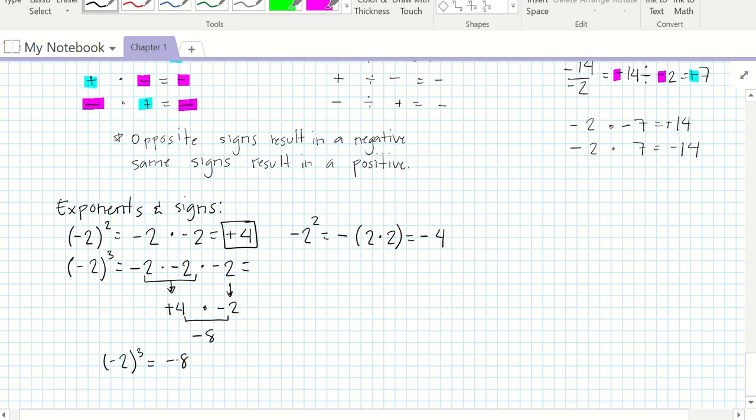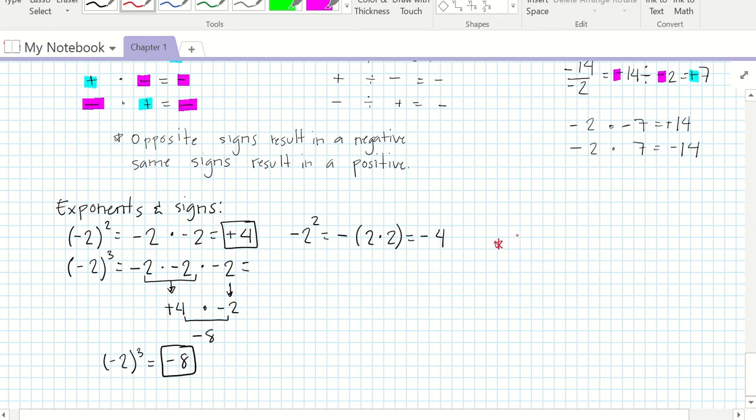So now we are getting a negative value. When we had an even exponent, we got a positive. But now that it's an odd exponent, we're getting a negative. And that is the rule. That is the rule that I wanted to talk about today.